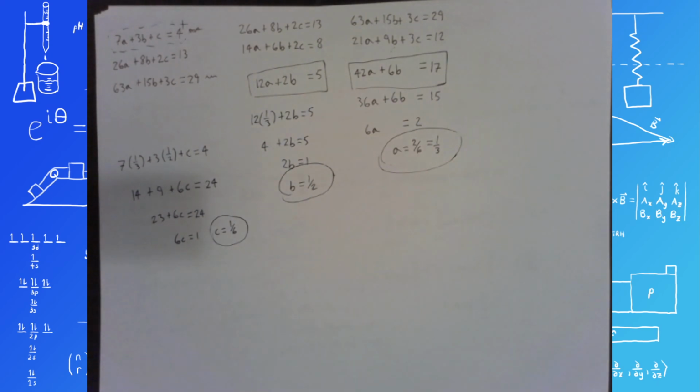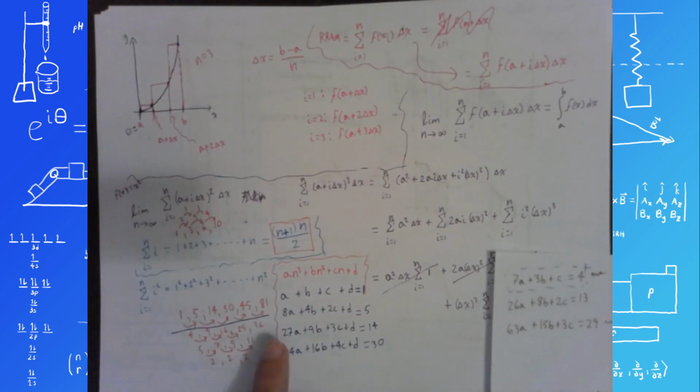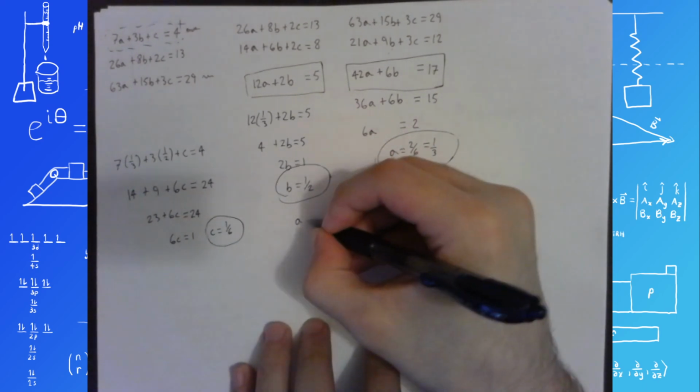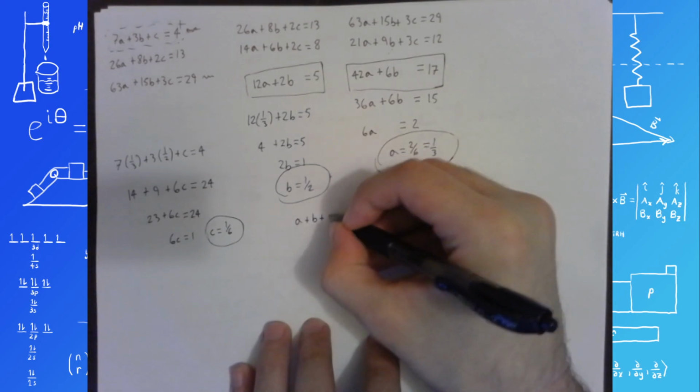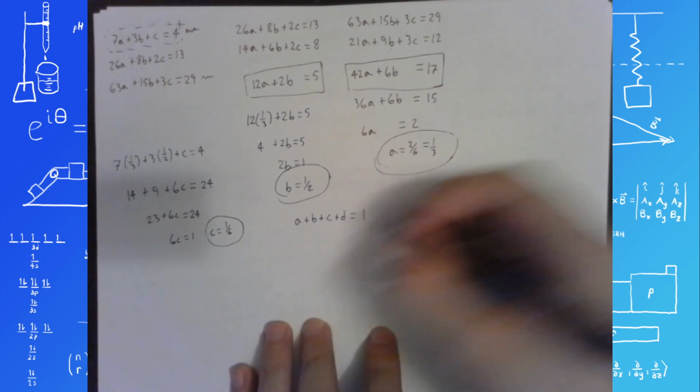And finally, we need to solve for d. We had a plus b plus c plus d equals 1, and d should come out to be 0.